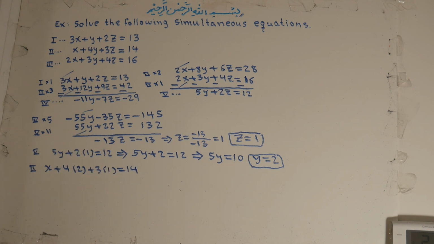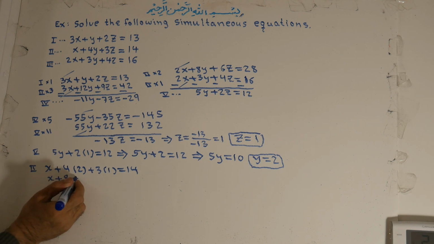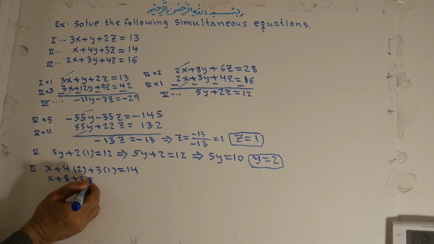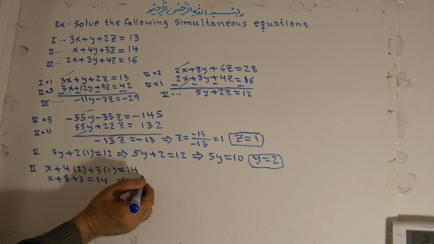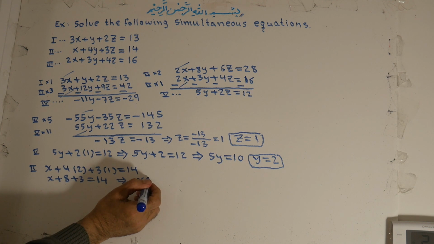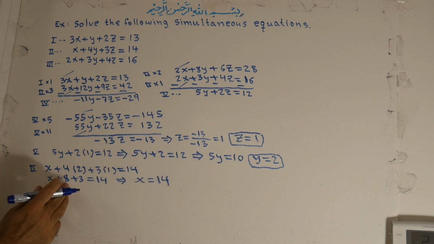Now from here x plus 2 times 4 is equal to 8, plus 3 is equal to 14, and from here x is equal to 14. 8 plus 3 is 11.